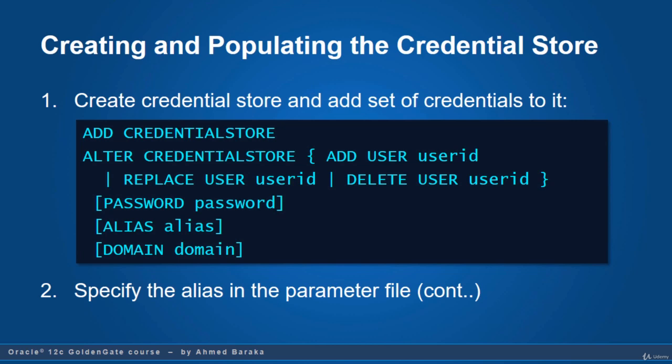Provide an alias to each credential you add to the credential store. ALTER CREDENTIALSTORE is also used to replace or delete a user alias from the credential store. You use that alias in the parameter file of the processes. I will show you how to do that in the next slide.